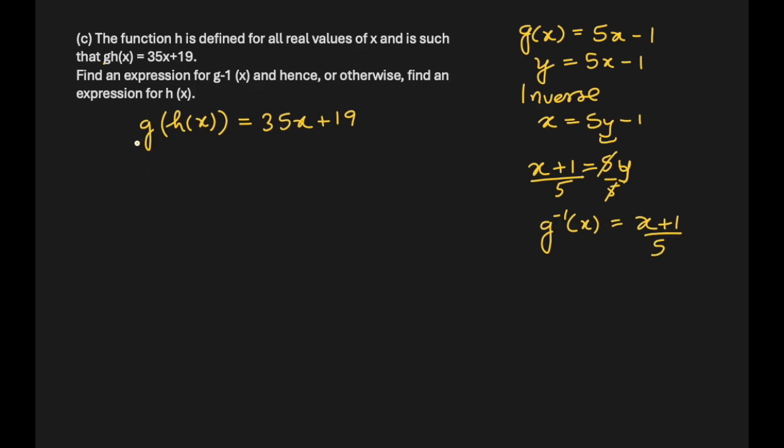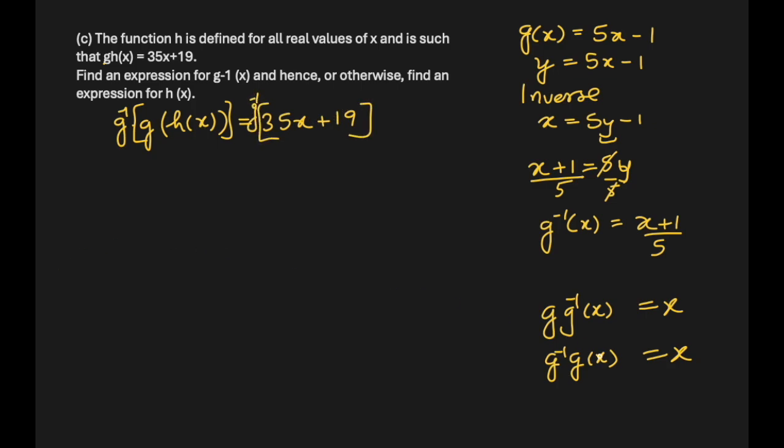Now we know that g inverse g x will be equal to x. So if I apply g inverse to the whole of it and g inverse to the right side as well, g inverse and g will be neutralizing each other, and we'll be left with h(x).